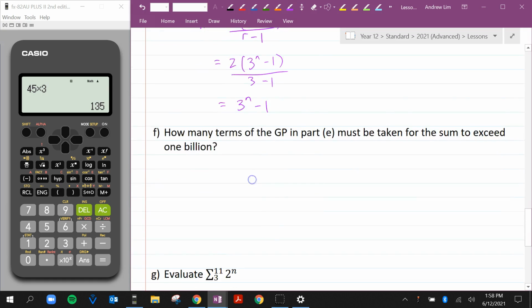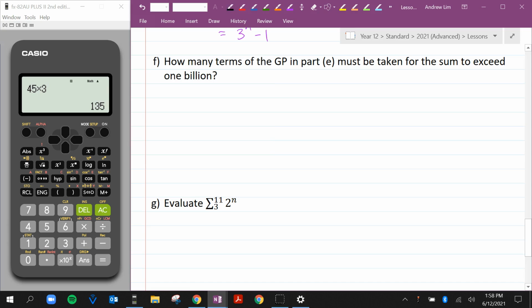Okay, question F. How many terms of the GP in part E must be taken for the sum to exceed 1 billion? So we've got 3 to the power of n minus 1. That's the sum. That needs to be greater than 1 billion.